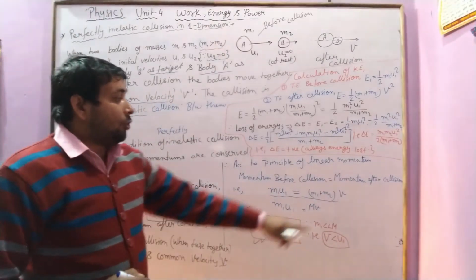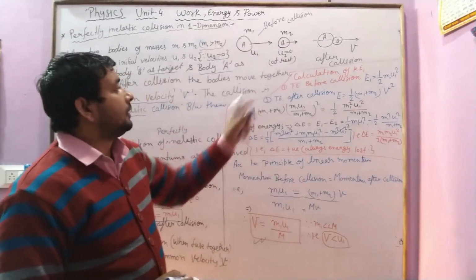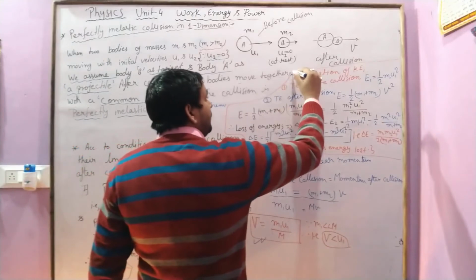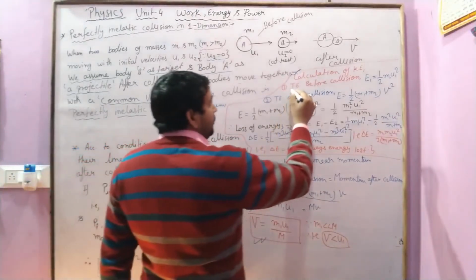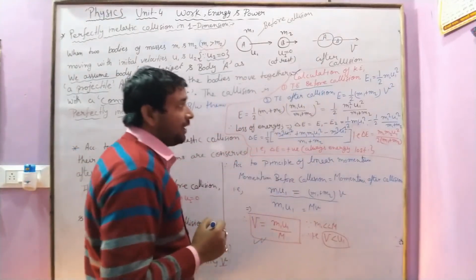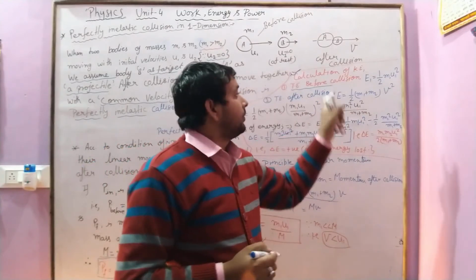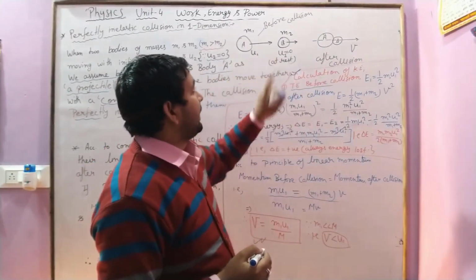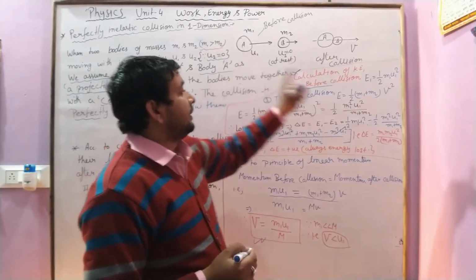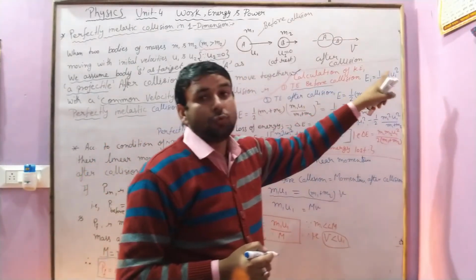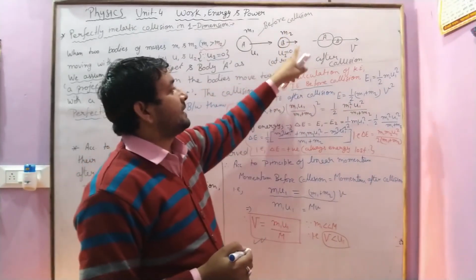Now for this perfectly inelastic case, we can also calculate the kinetic energy. Initially object A has kinetic energy, that is half m1 u1 square, and object B's kinetic energy is 0 because it is at rest.